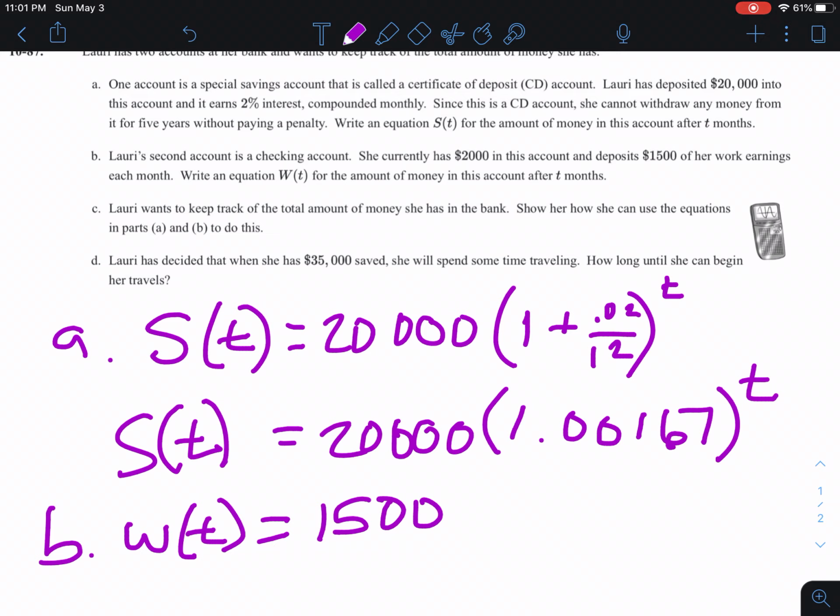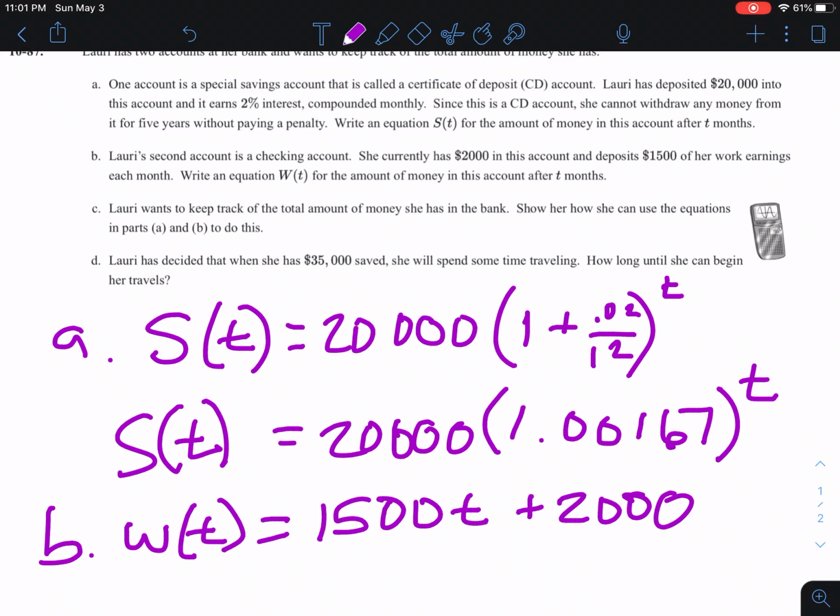They're still wanting us to use t here, and t in this case means weeks, plus 2,000. Oh boy, I just made a mistake. She's depositing this each month. I apologize, each month. That makes a ton more sense, so we don't have to convert weeks to months. So anyway, we're good so far. 1,500t plus 2,000, that's for B.